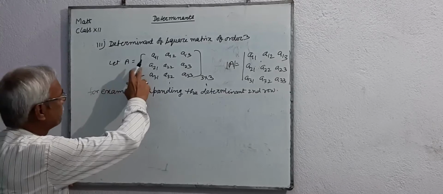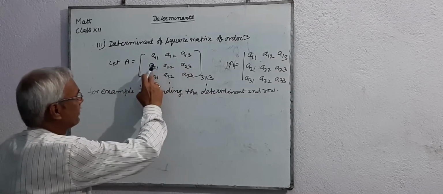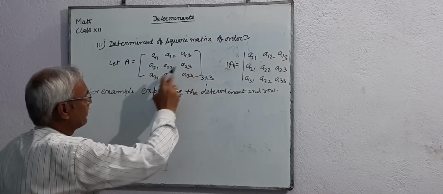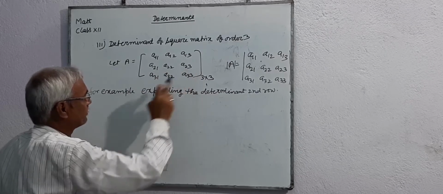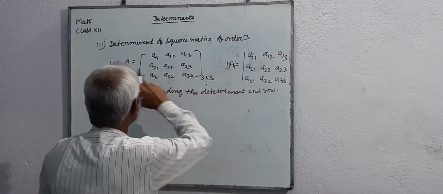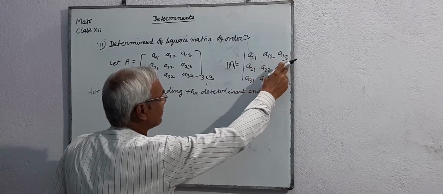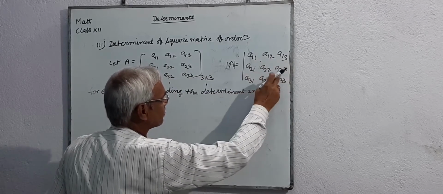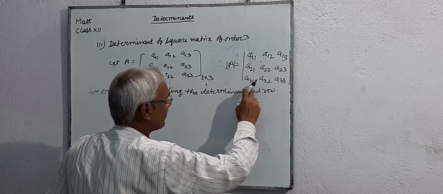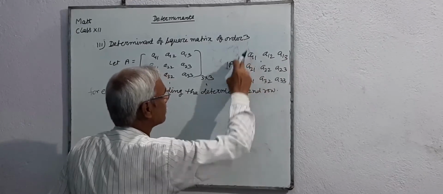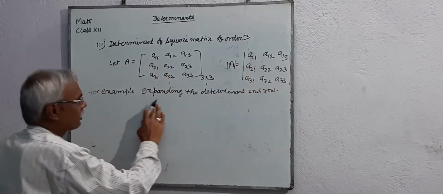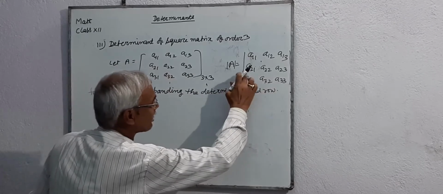Let matrix A be A11, A12, A13, A21, A22, A23, A31, A32, A33. Then determinant of matrix A equals the determinant with those same elements. For example, expanding the determinant in the second row.